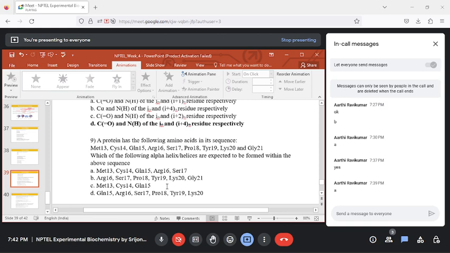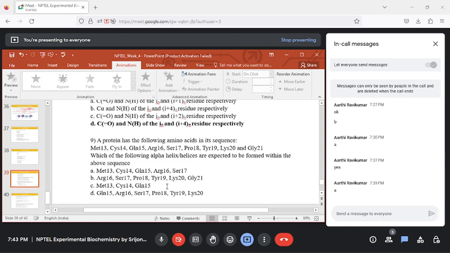The next thing is that the hydrogen bond in the alpha helix is formed between an I and I plus fourth amino acid. Therefore, there has to be a minimum of four amino acids. So these are the two hints I'm giving you. Now, see if you can find the right answer.